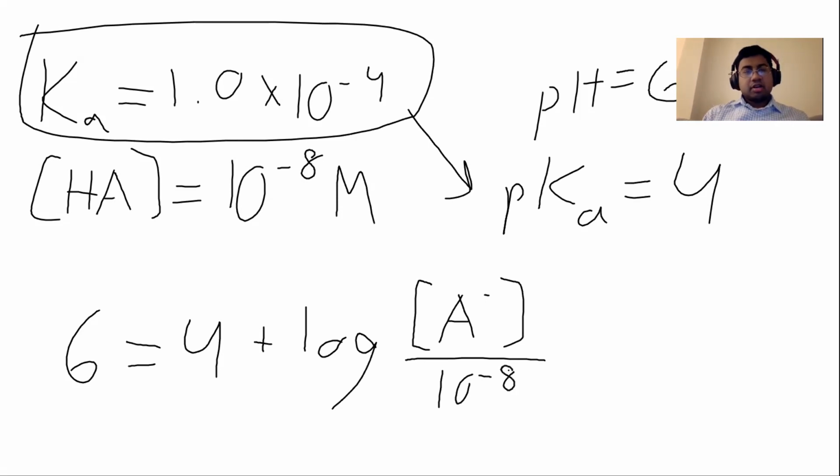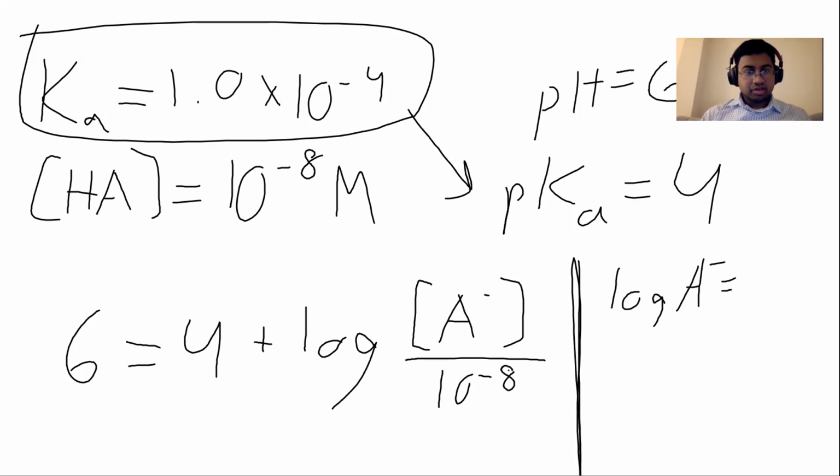And so basically what we're going to see is that log of A minus over 10 to the negative 8 equals 2, which means that, it's been a while since I've done logs.